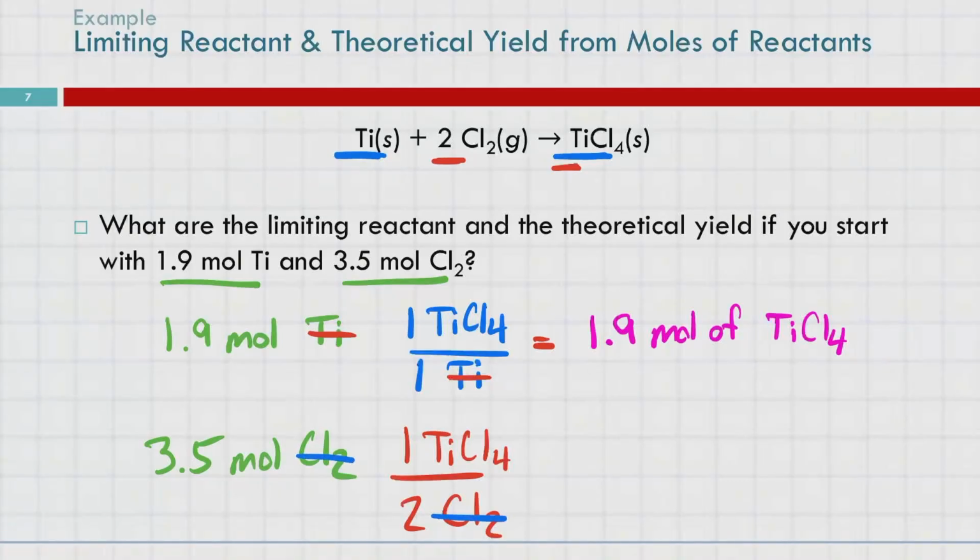This means we're dividing 3.5 by 2. 3.5 divided by 2 should be 1.75 moles.